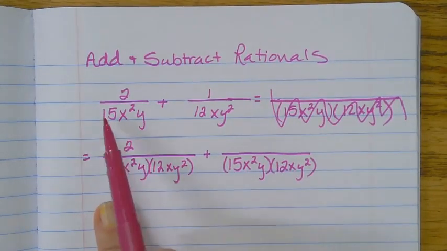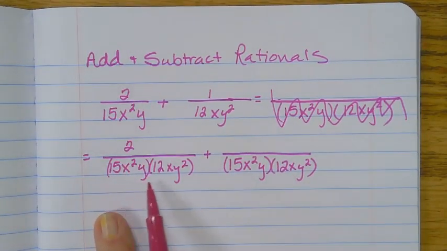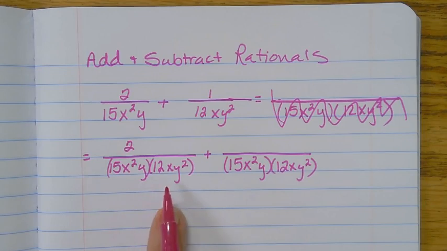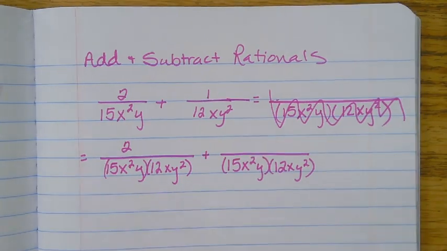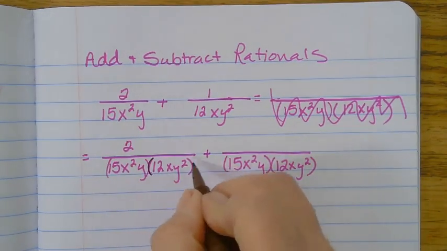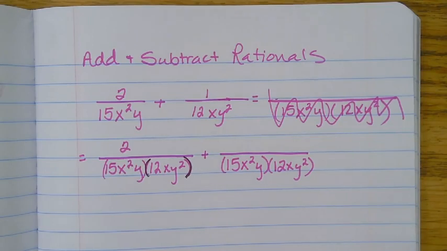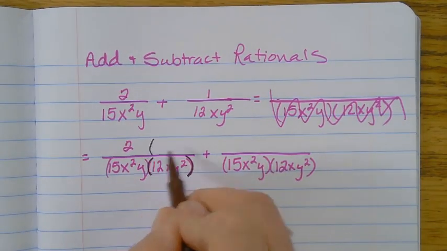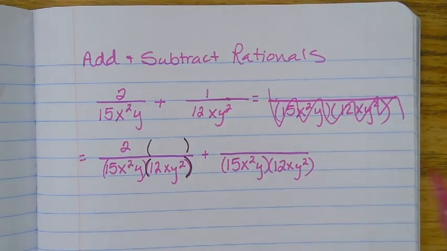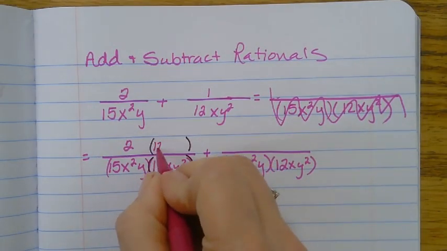So for the first fraction, I already had the 15x squared y, right? So what I multiplied by was that 12xy squared. Well, if I multiply it in the denominator, I have to do the same thing to the numerator. So I have to multiply that by the numerator also.